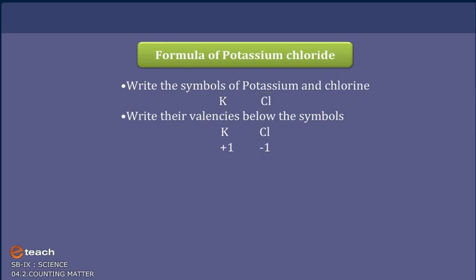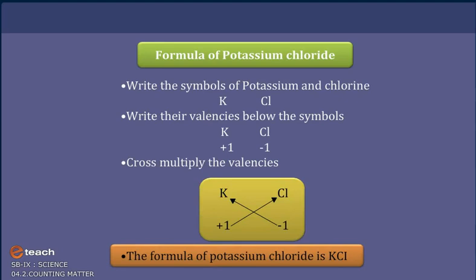Write the valencies below the symbols. The symbol of potassium is K and its valency is +1. The symbol of chlorine is Cl and its valency is -1. Cross multiply the valencies. The formula of potassium chloride is KCl.